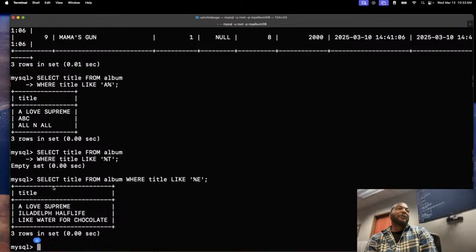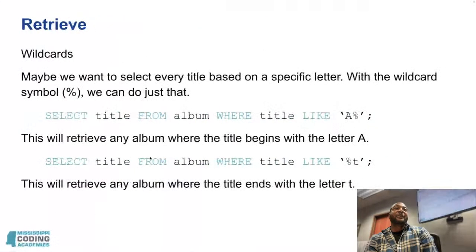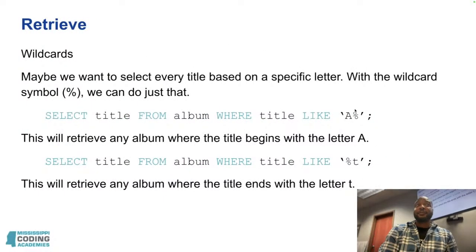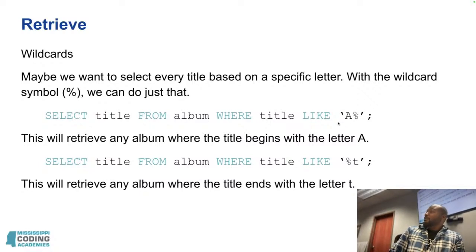But here we can see this percent symbol E means, hey, it could be any kind of character so long as it ends with the letter E. And that's what we have here. So that's the wild card. If I want to pick anything that begins with the letter A, I'll say A and then percent symbol.